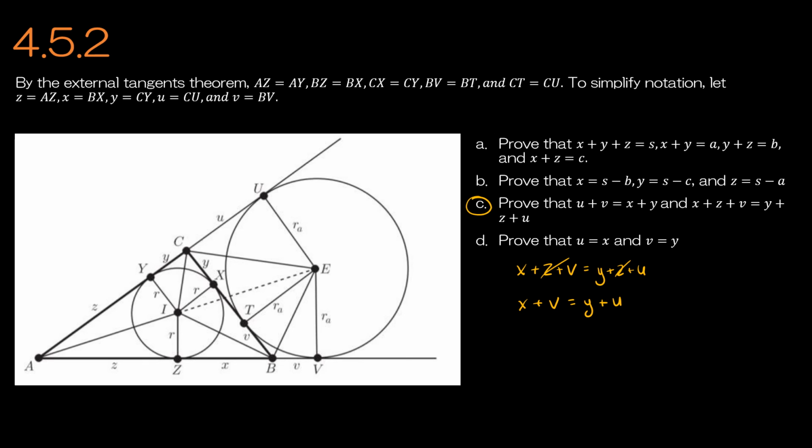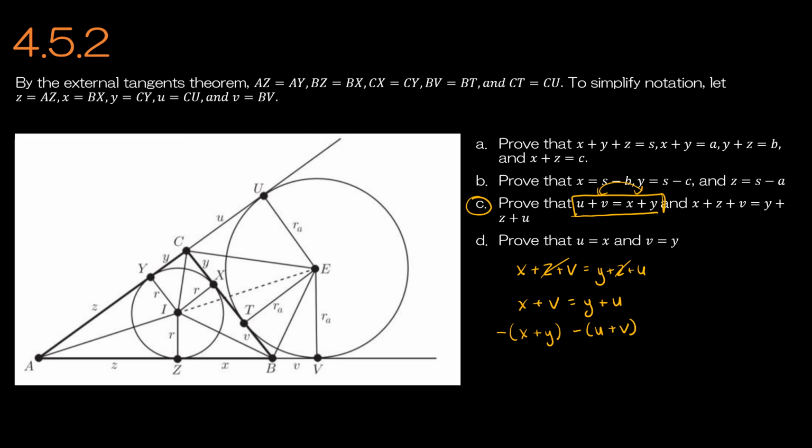And I also have this equation, and I'm going to subtract x plus y and subtract u plus v, which is this equation just flipped around, so I have x's, y's, u's, v's on the same side.